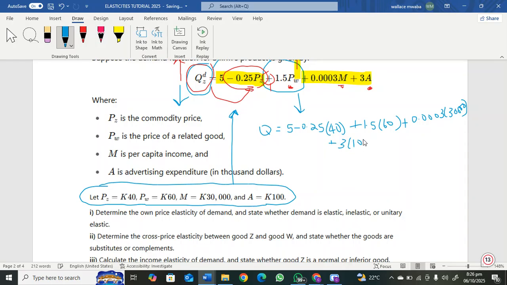Okay. Let's get our calculators. I've already got the answer for this, but let's just get our calculators. Tell me what value of Q you find.